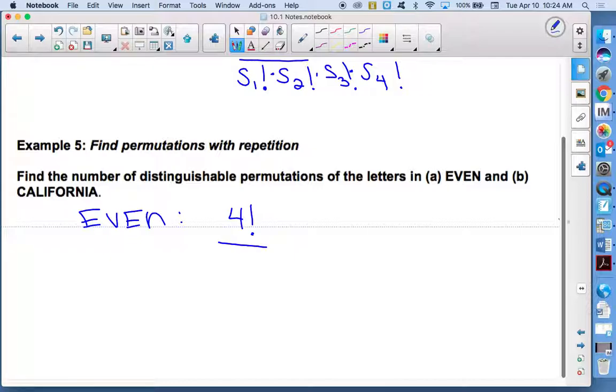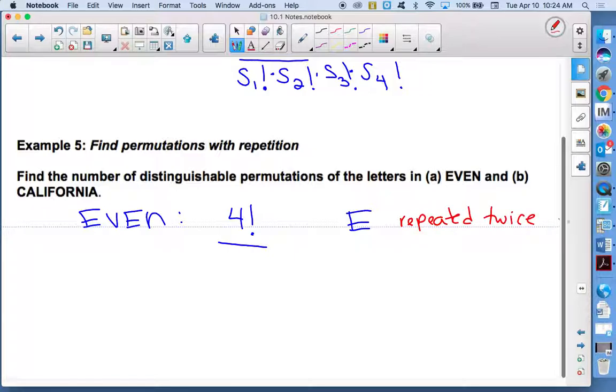Not a trick question. E. I know you meant the actual word. I was so confused. Sorry. Did I need to rephrase that? No. Okay, so the letter E in the word even is repeated how many times? Twice.